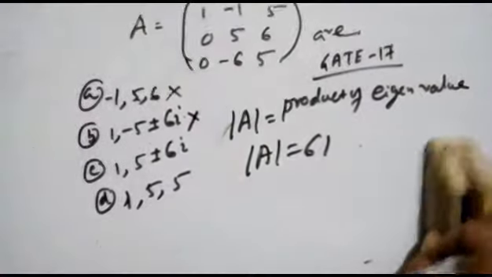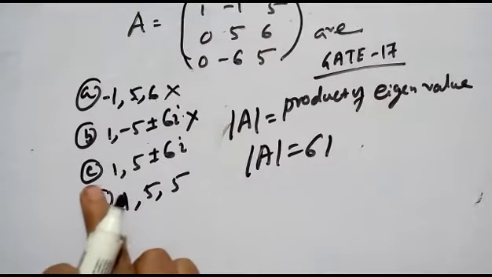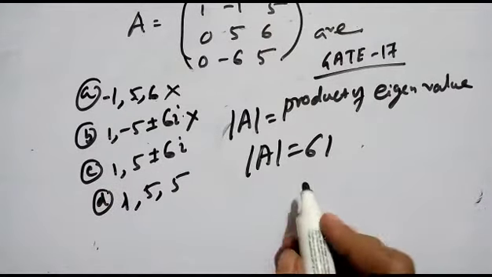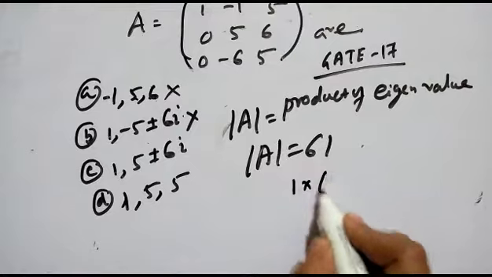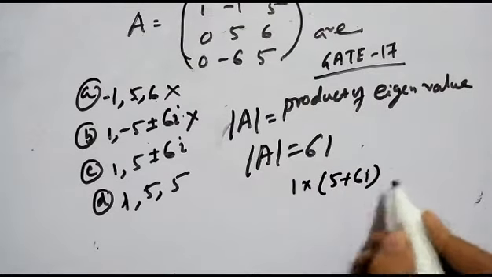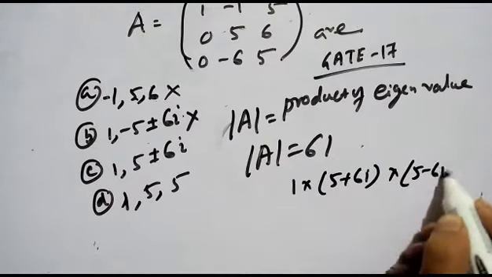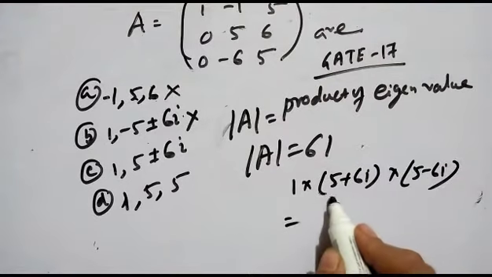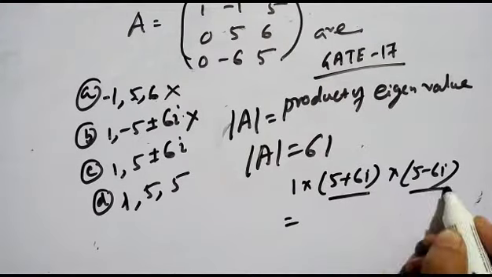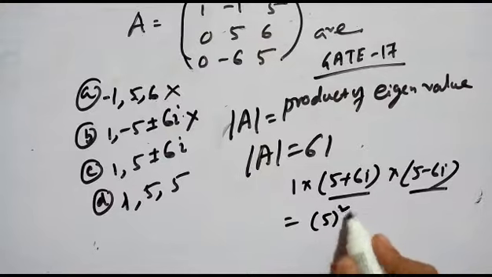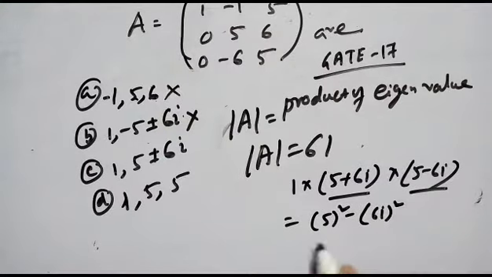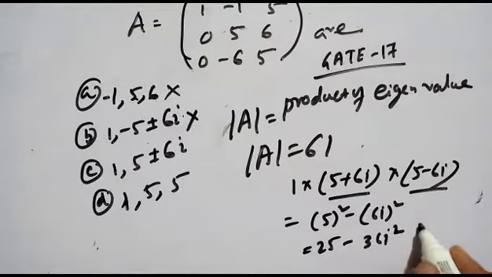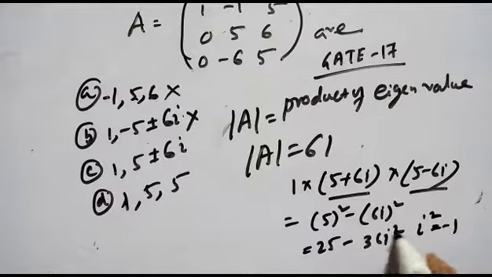And if we see option C, then this means 1 into (5 plus 6i) into (5 minus 6i). That means this one is (a plus b)(a minus b), that means a square minus b square. Clear? That means 25 minus 36 i square, and we know i square equals minus 1, so we put the value of i square as minus 1.